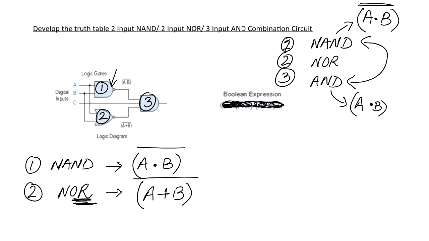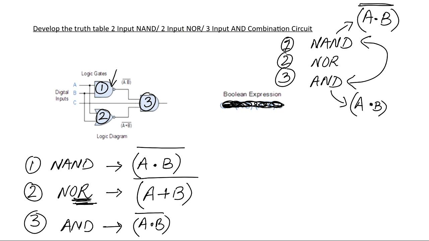The third gate is a simple AND gate. The AND gate's job is simply to multiply. Now you can see what three inputs are coming here. The first input is A dot B, whole inverse, which is coming from the first gate. It will multiply.